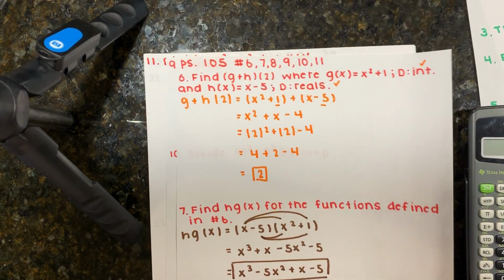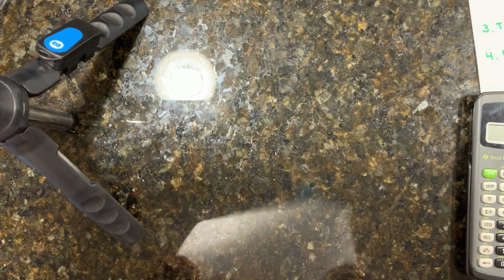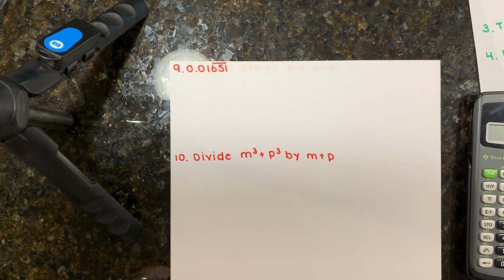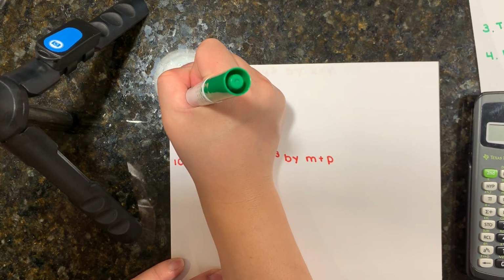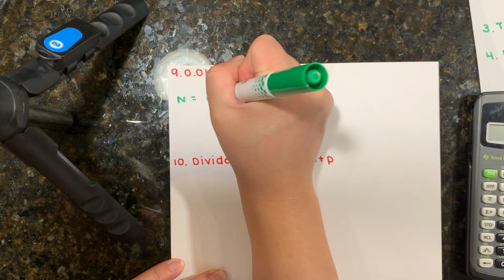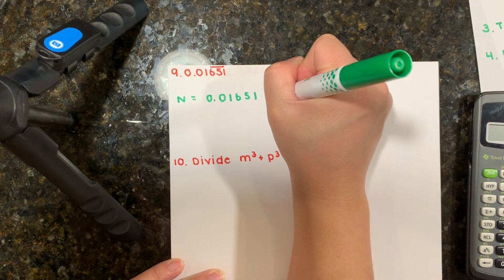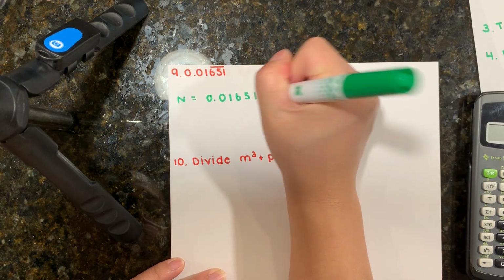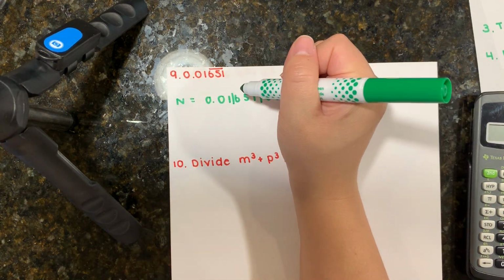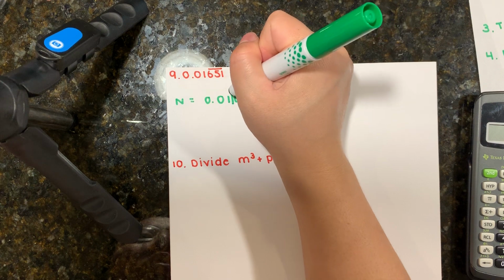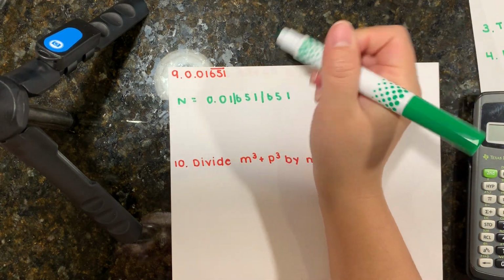Now for number 9, it's another similar problem. For this one, n is going to be equal to this number with the repeating decimal: 0.01651651651. What I need to do is multiply this so that the repeating 651 would come over 3 spaces.